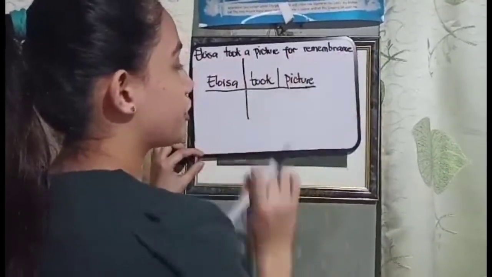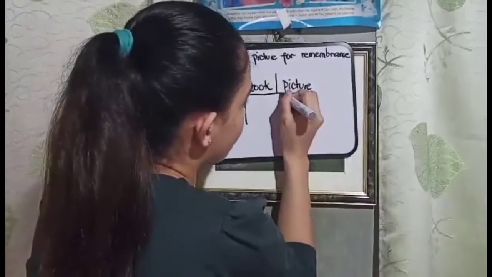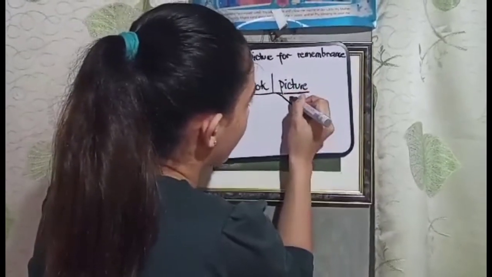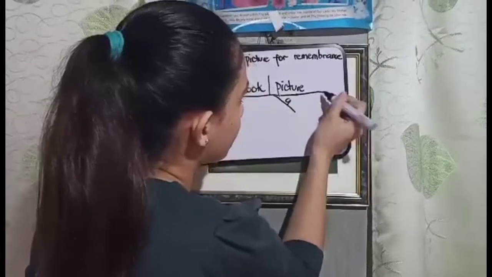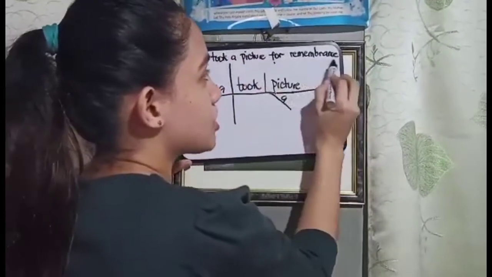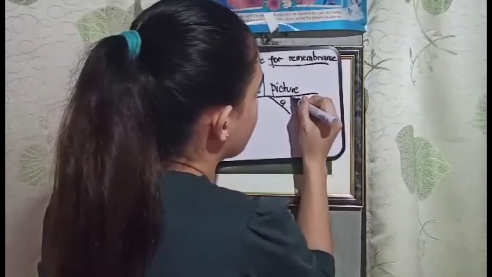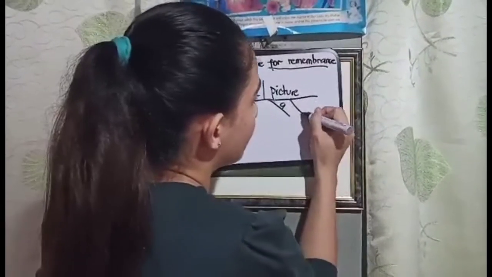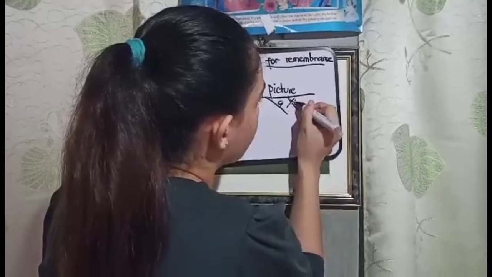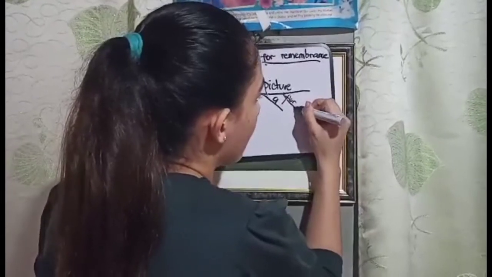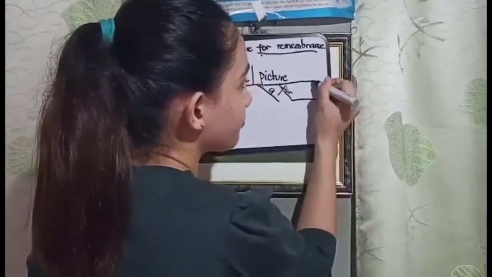Eloisa took a picture for remembrance. Let's draw a slanted line here. Because this is a prepositional phrase, let's draw a slanted line here and write the preposition. For what?